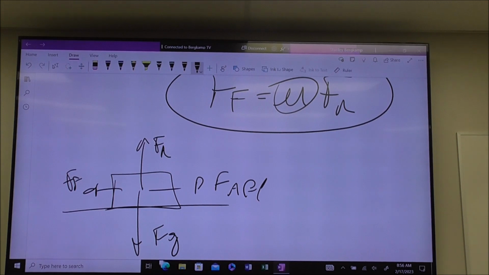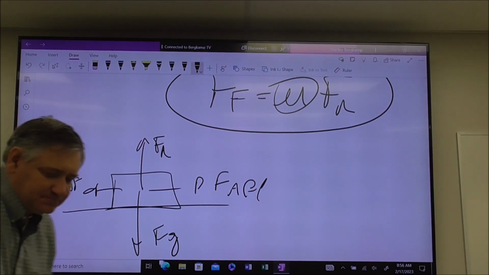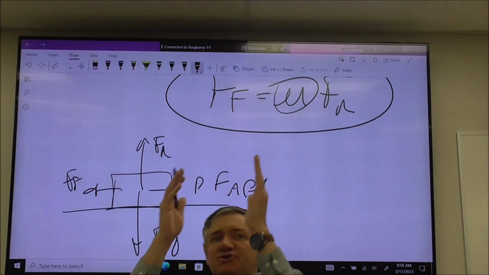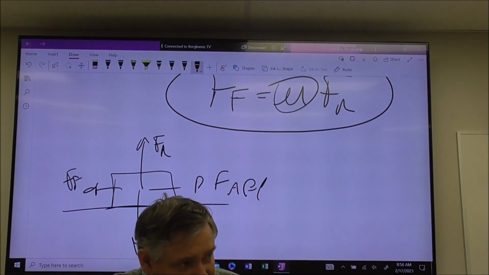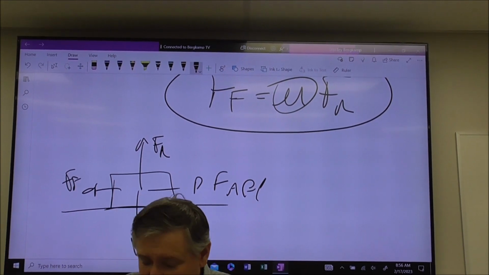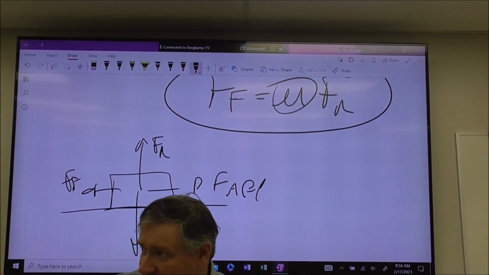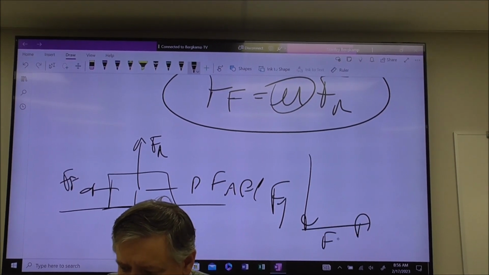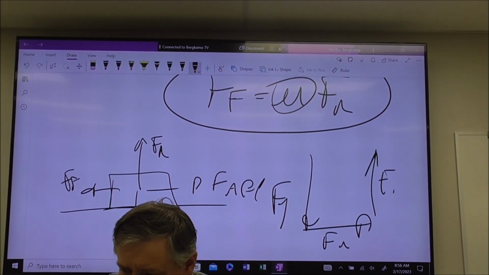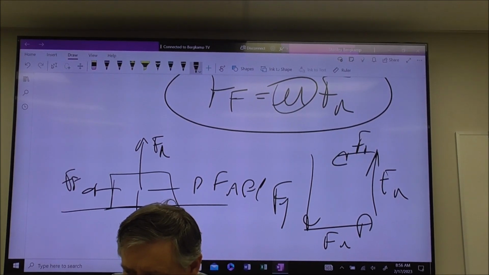There you go. This is drawn with a ruler. You're going to set up a scale, maybe 2 centimeters equals a newton, maybe 3, whatever you want to do. Then you're going to draw this thing tip to tail: FG, some force applied, some force normal. Here's the whole point.